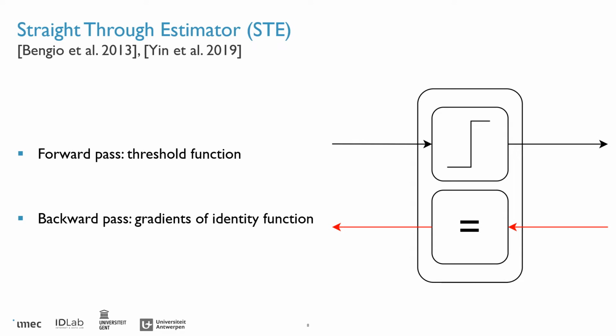However, during the backwards pass, we will not use the gradients of the threshold function, but we will apply the gradients of an identity function. The benefit of this is that during training, the inputs will already be discretized, which allows the receiving agents to start learning how to interpret discrete messages, while we still have a differentiable communication channel.